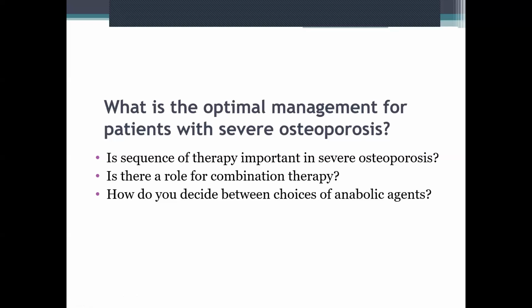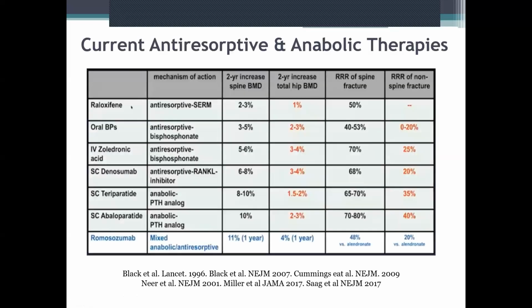So what's the optimal management for patients with severe osteoporosis? Is the sequence of therapy important? Should we consider combination therapy, and how do you decide between anabolic agents? When we look at current therapies for osteoporosis, we know we have anti-resorptive agents and anabolic therapy.